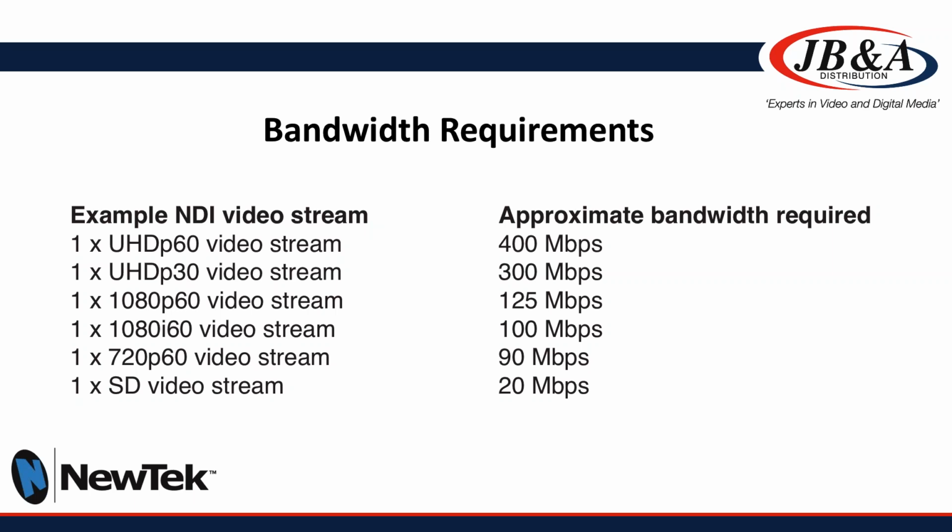It operates most efficiently in a dedicated network with high bandwidth and high availability. A typical NDI stream, a typical 1080 HD video stream is about 100 megabits per stream. It's very efficient and is designed to have very low latency, and multiple streams can be stacked together on a single gigabit network.